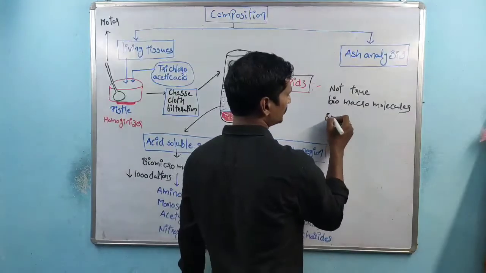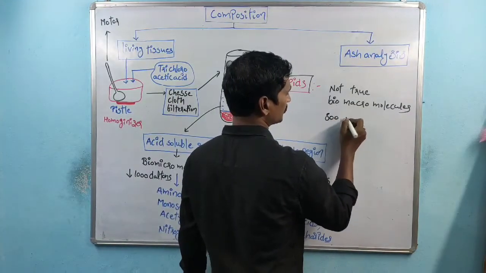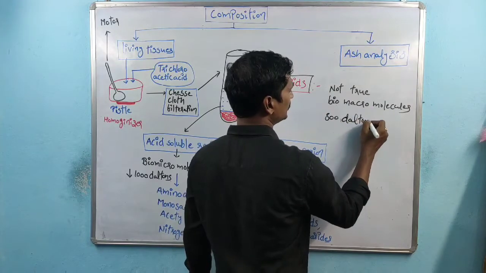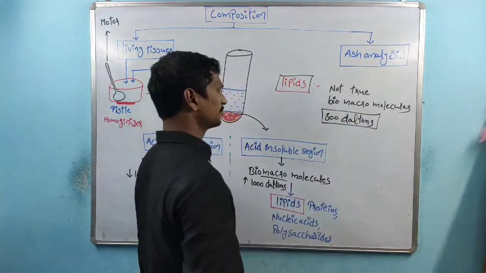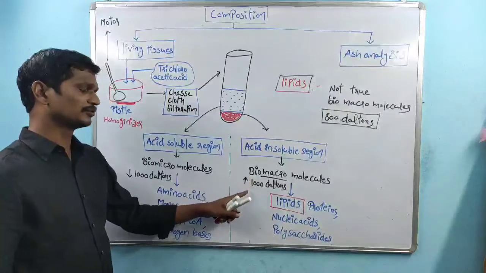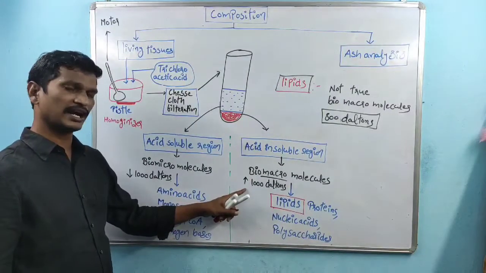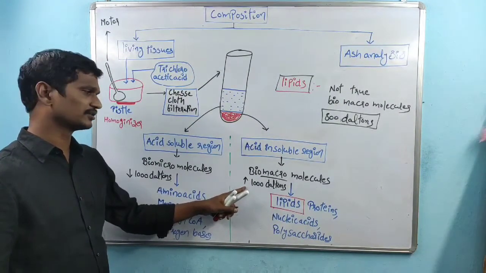Remember, lipids have 800 Daltons, the molecular weight is 800 Daltons. As per the statement, all biomacromolecules have more than 1000 Daltons.